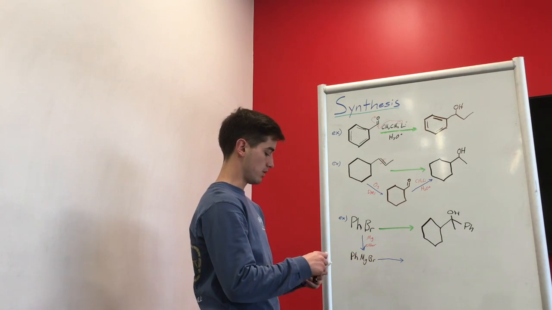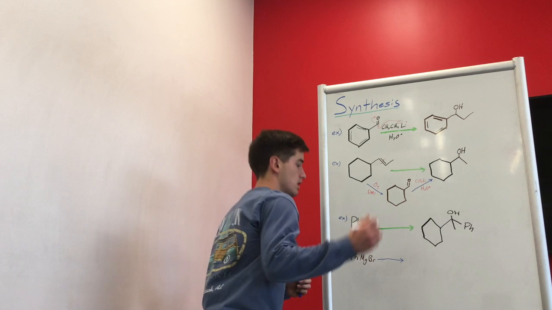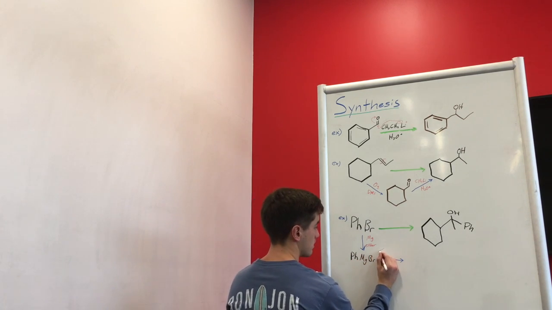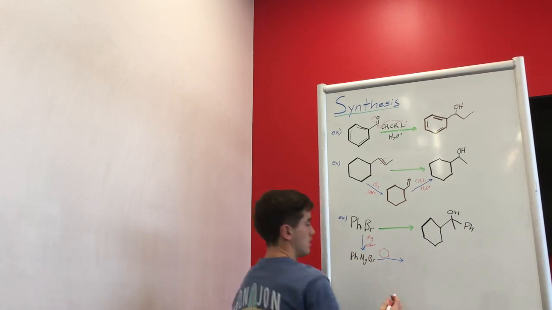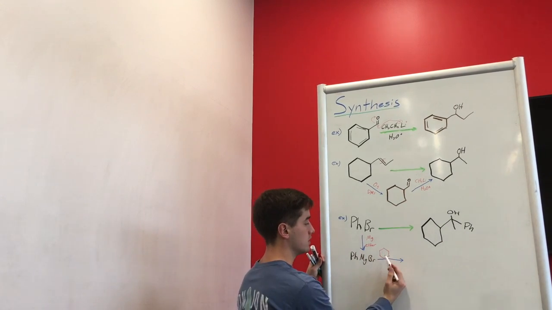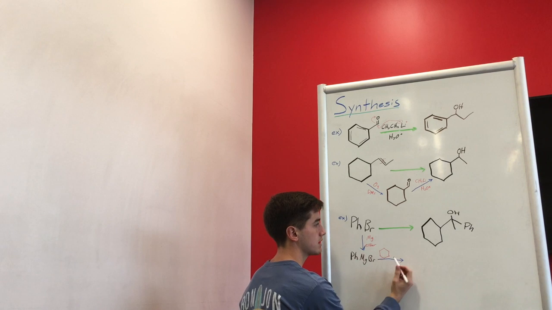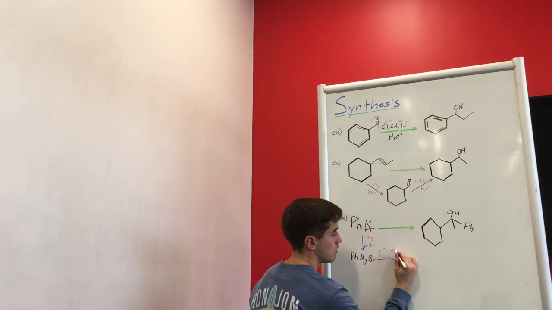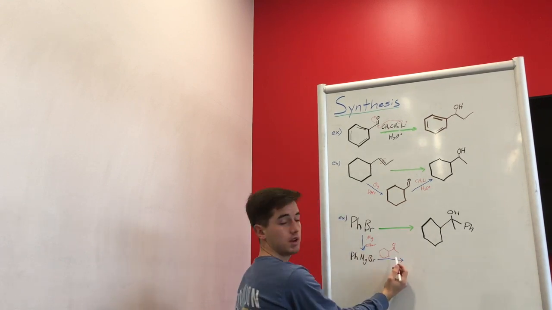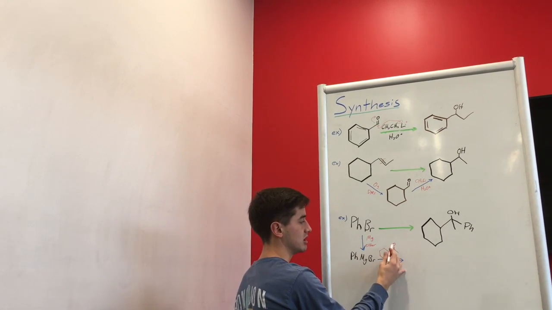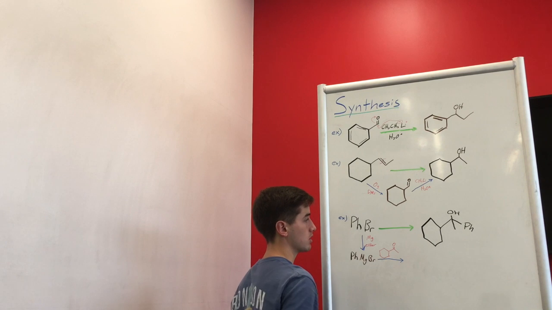So for this, we can use cyclohexane with an ethyl group off of it, and on the ethyl group we have a C double bond O on the first carbon.